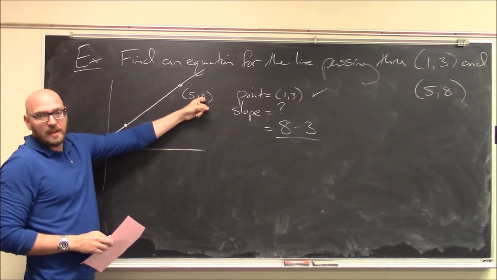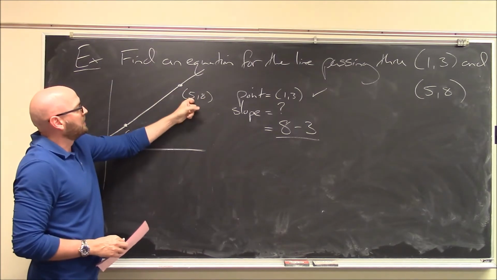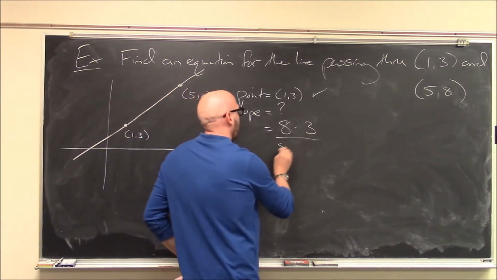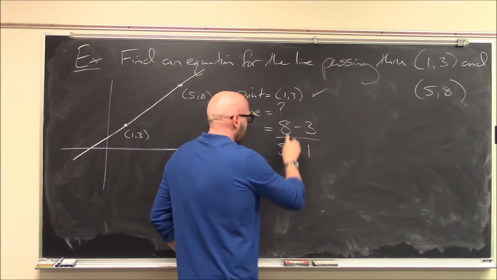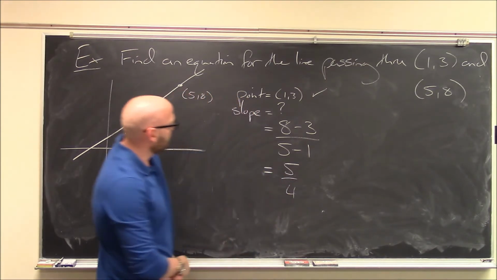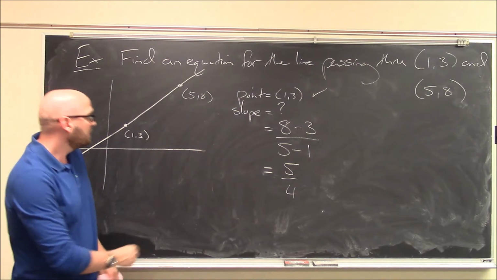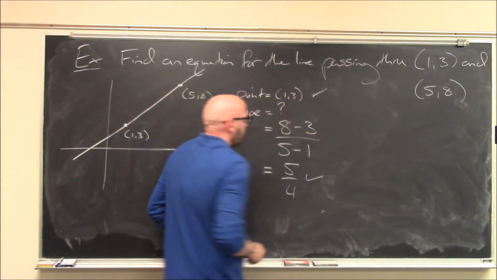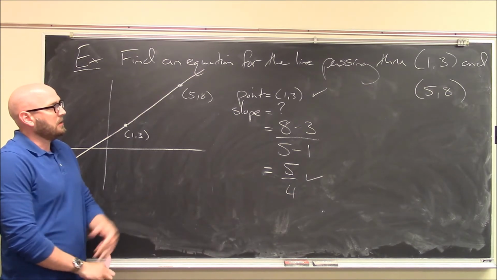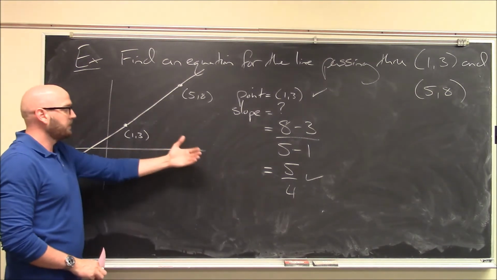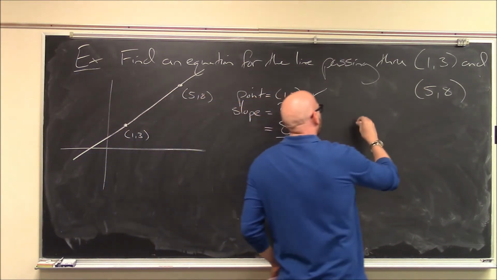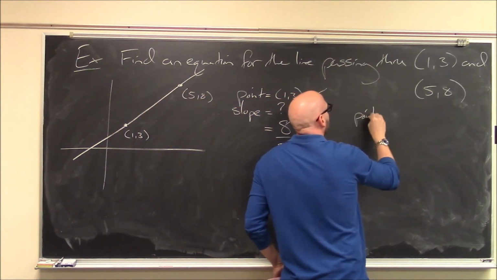Because I started with 8 for y, I've got to start with the x coordinate of this point, 5 minus 1, which is 5 over 4. Cool. I have two important pieces of data about this line now. I know a point on the line, and I know the slope of the line. So to find an equation of the line, we will go straight to the point-slope form.